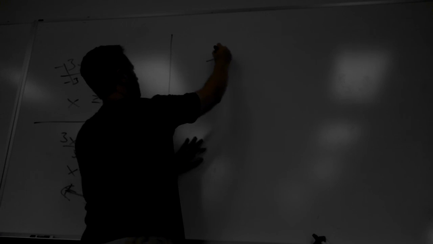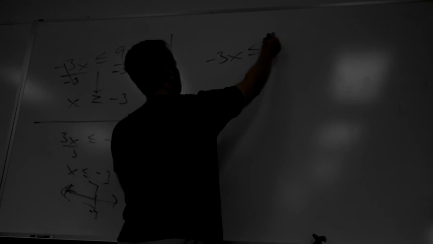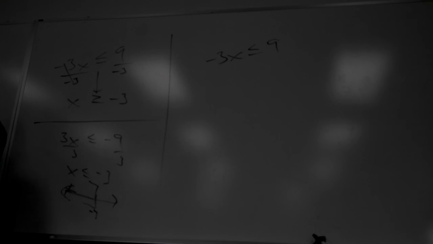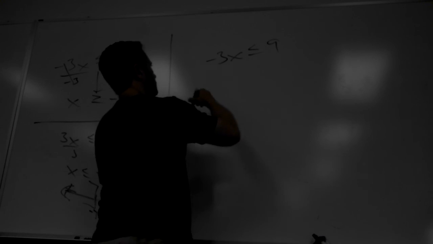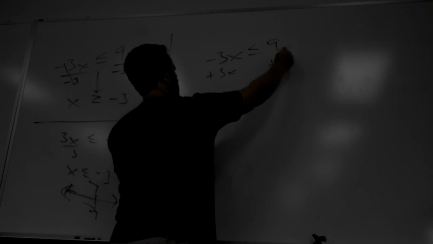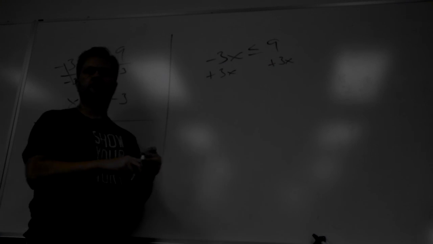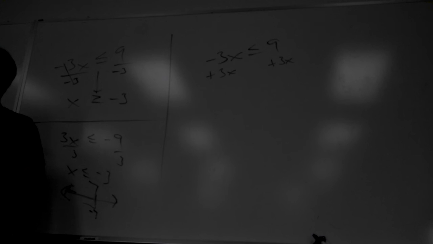So watch this problem. I wouldn't do this, but tell me if what I'm about to do is legal. Couldn't I add 3x to both sides? I'm not asking would you, I'm asking could you.